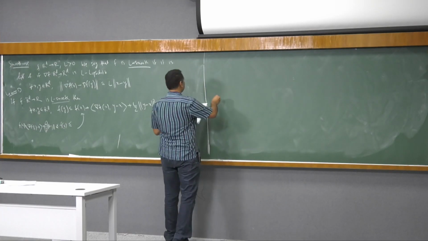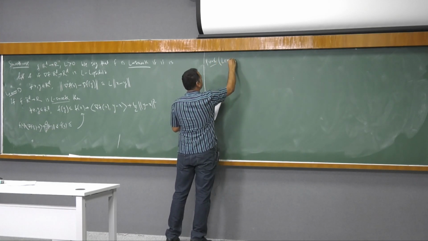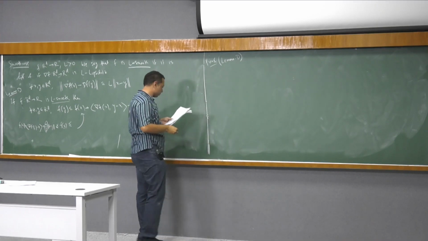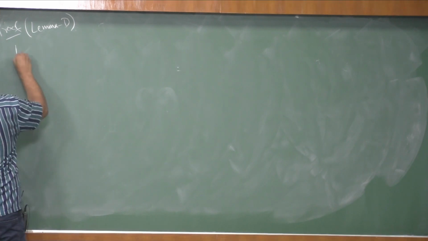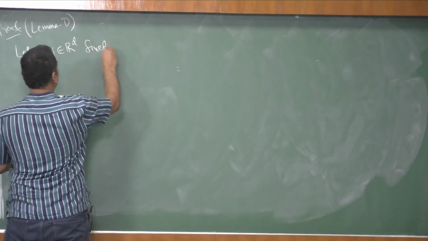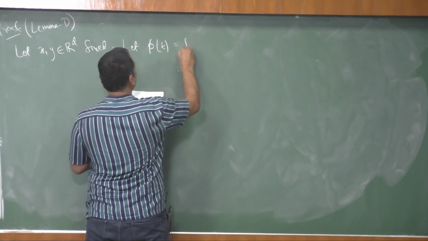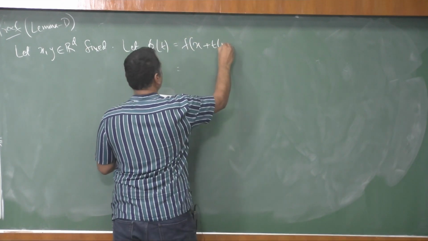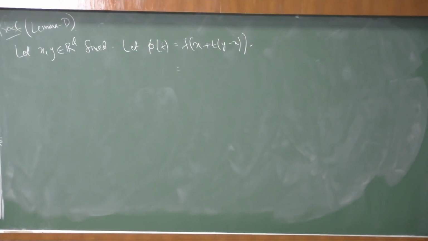Proof of lemma D. Let x, y in R^d be fixed, and let phi(t) be f of x plus t times (y minus x). Now we will use the fundamental theorem of calculus on phi.